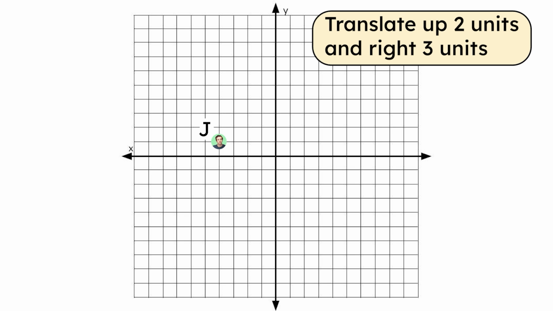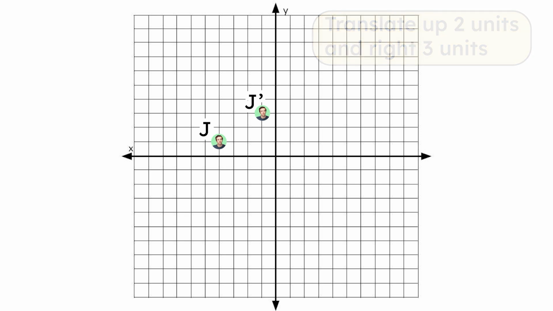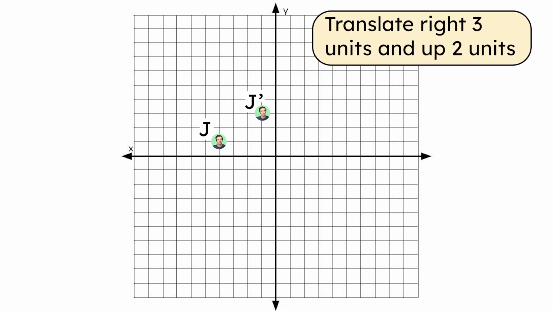Point J would slide up 2 units, 1, 2, and then slide right 3 units, 1, 2, 3, creating the image J prime. We also could have said translate right 3 units and up 2 units. The order doesn't matter for translations.